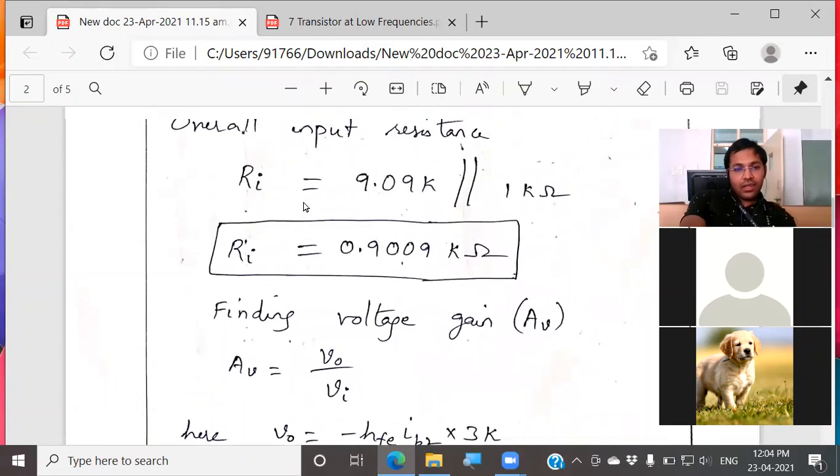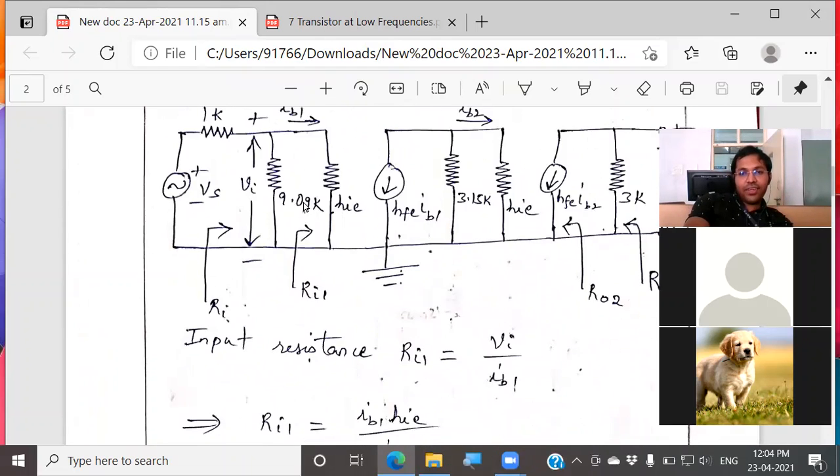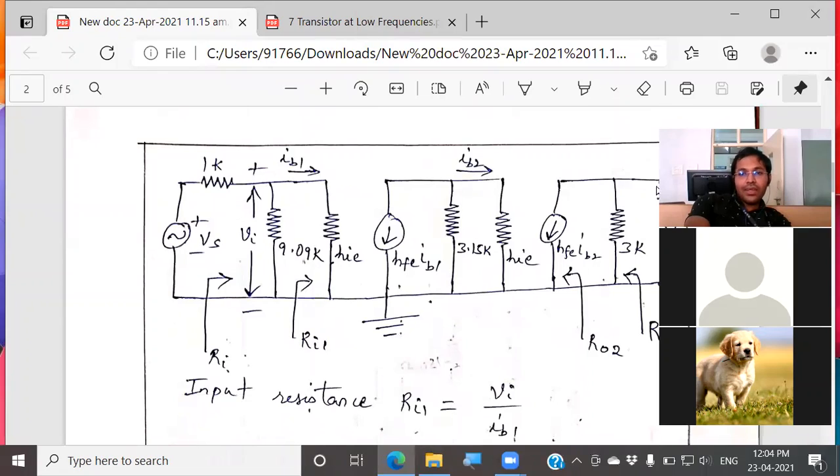Let us see what we have for V0 here. Please note these terminals are open. Nothing is connected towards the right of the terminal. In such a case, whatever current flows here will be the same current flowing here.